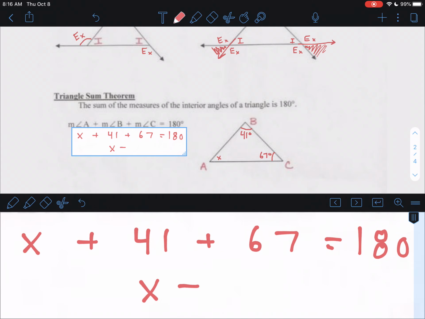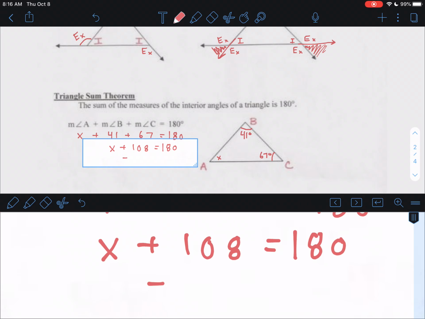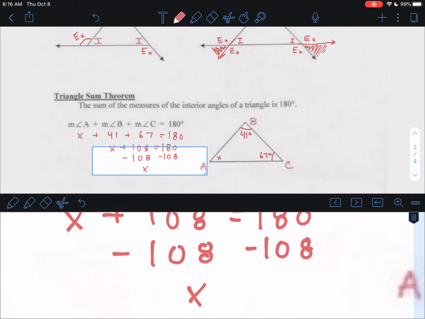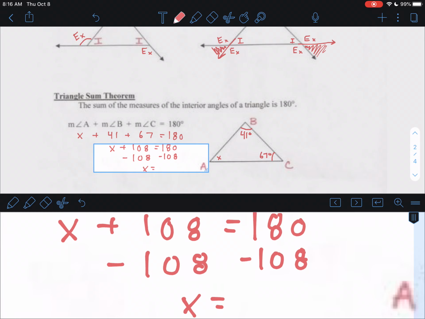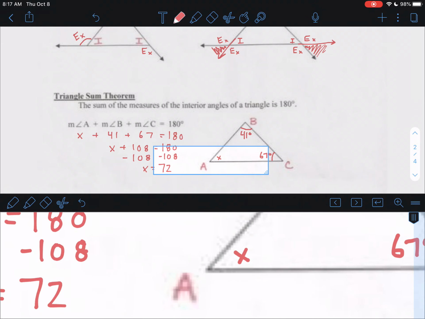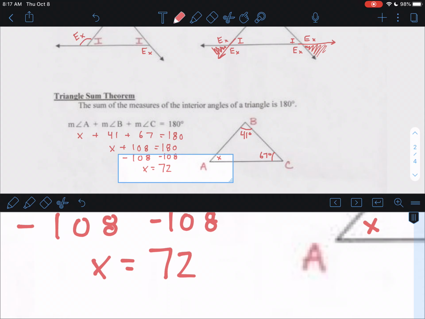So I have x plus 108 equals 180. And then I'll subtract 108 from both sides. And when I do, I get x equals 72. So that means the measure of angle A there has to be 72 degrees. And this is always going to be true of every single triangle. The interior angles have to add up to 180 degrees.